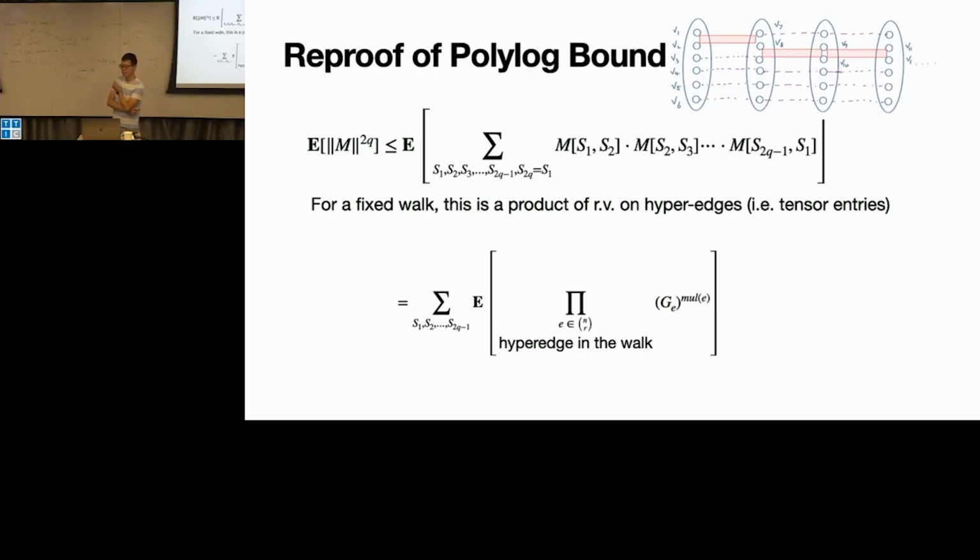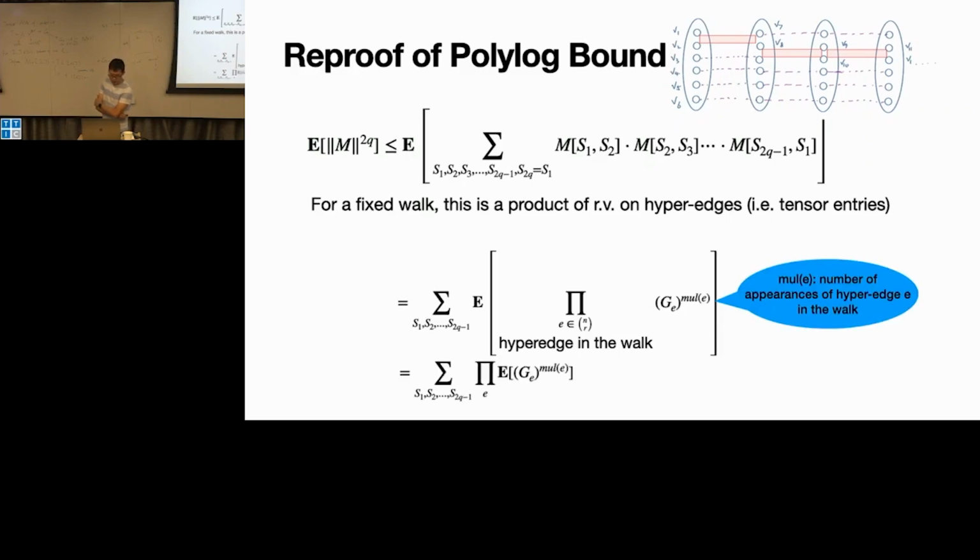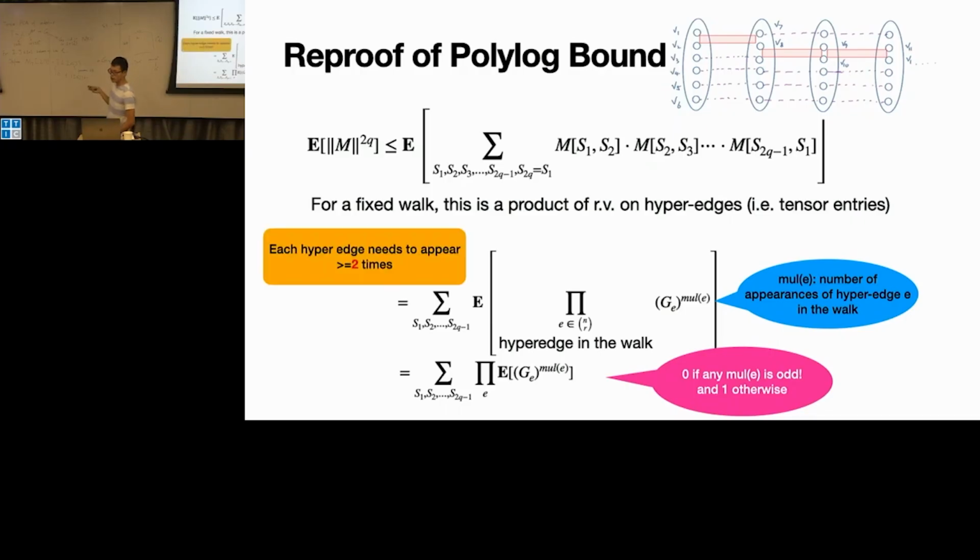And because they are IID random variables, I can write it as a product of the expectations instead. If you have some hyperedge or random variable that appears only once, because you are looking at mean 0 random variables, this term is just going to be 0, it vanishes. So we can work with the assumption that every walk that we are counting uses every hyperedge at least twice.